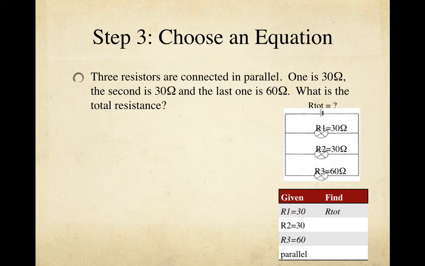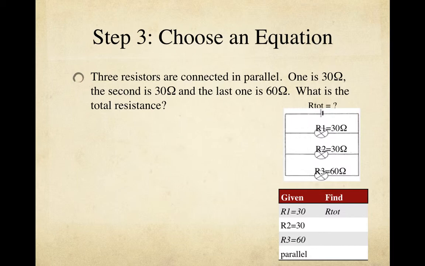Now when you choose an equation for these problems, there are two possibilities. One is that you get the total resistance by just adding them up, but that happens in a series circuit. That's actually not going to be useful here. For a parallel circuit, we can't just add them up, which is kind of a bummer, but there you go.